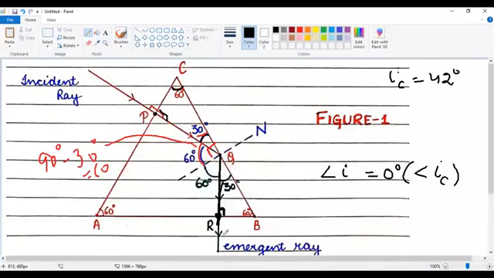So your light will be refracted in the other medium and the angle of refraction will also be 0 degree here, such that the light passes undeviated from the surface AB of the prism.